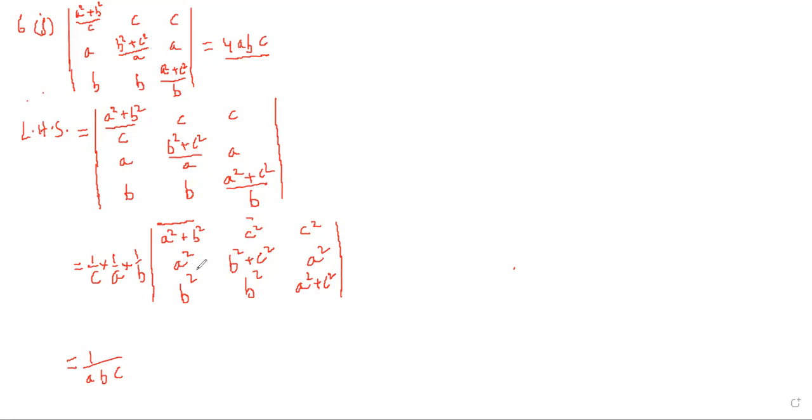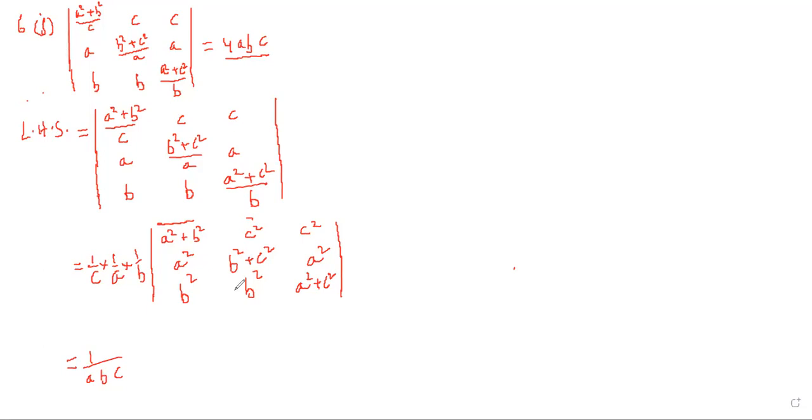Second elements of the two columns also give the same sum, a square plus b square plus c square. But the third term, b square plus b square, becomes 2b square. So we are not getting a proper term so that we can take anything common. It would be useful only if we could take a square plus b square plus c square common when we add C1 and C2. So this hypothesis will be cancelled.